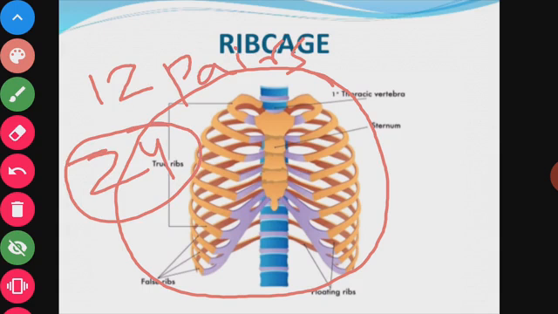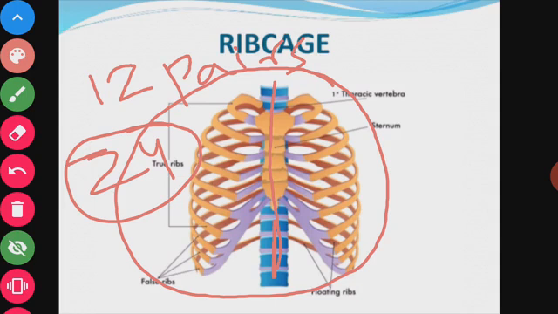These ribs join the backbone at the back, as you can see in the structure, forming a cage-like structure. What are the functions of these ribs?